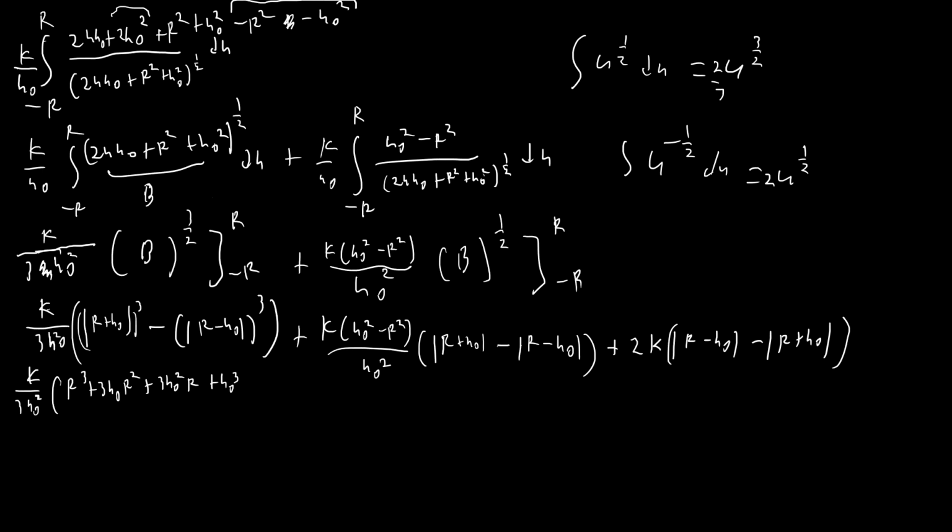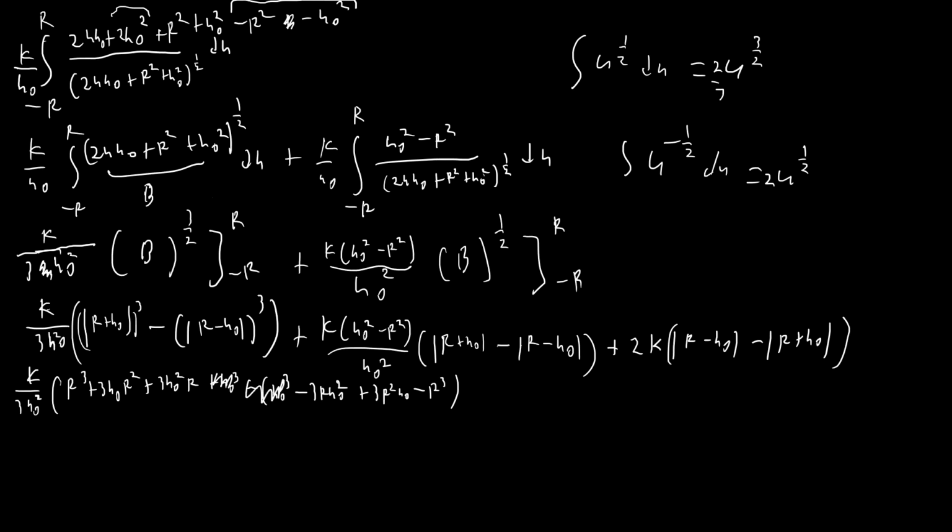And as we said before, we're subtracting (h0 minus r) cubed. So h0 cubed minus 3r h0 squared plus 3r squared h0 minus r cubed.